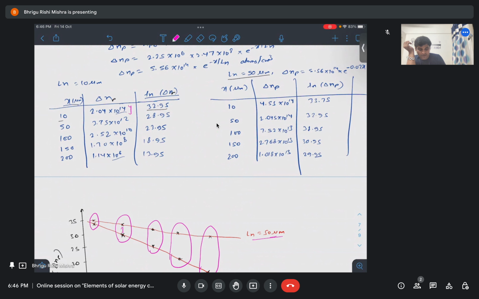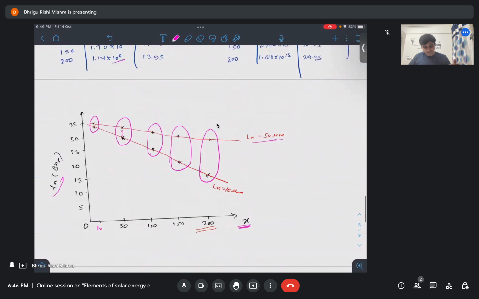For example, for 10 micron it is 10 to the power 14, and for 200 it is 10 to the power 6. So the difference is large, but this is not the case for 50 micron diffusion, because there for 10 micron it is of the order 10 to the power 14, and for 200 it is of the order 10 to the power 13. So you can plot this for 200 micron also.